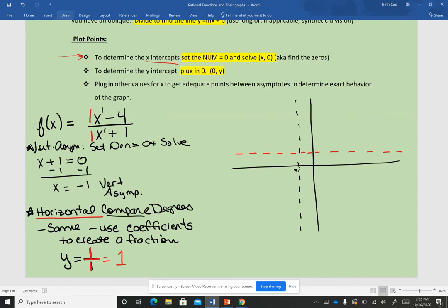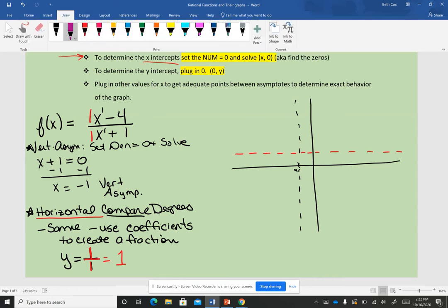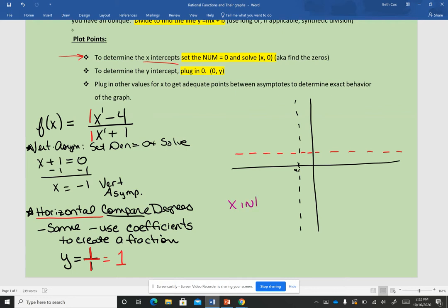So let's try that. Set the numerator equal to 0, and that would be x equals 4. So that's the point (4, 0). So I have a point on my graph right there.